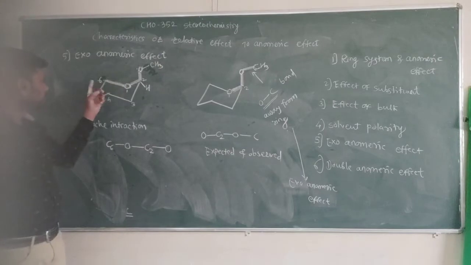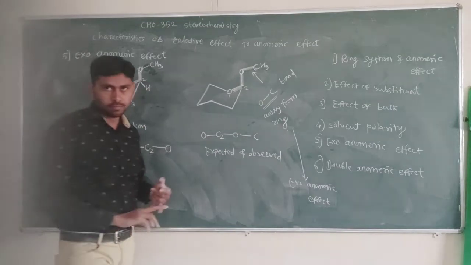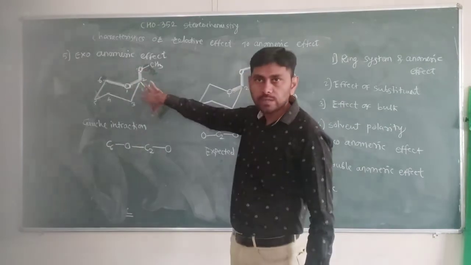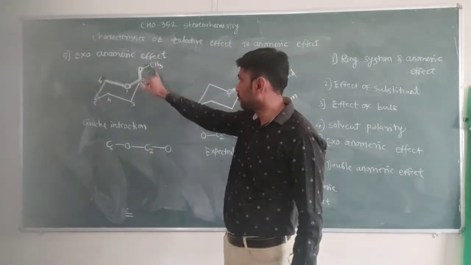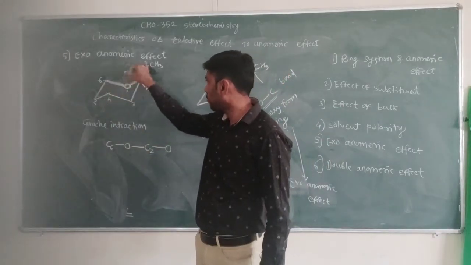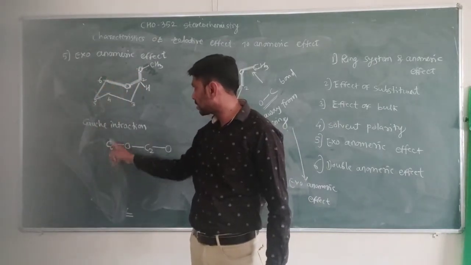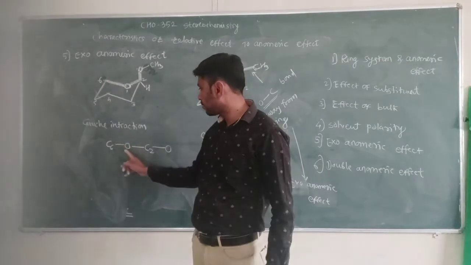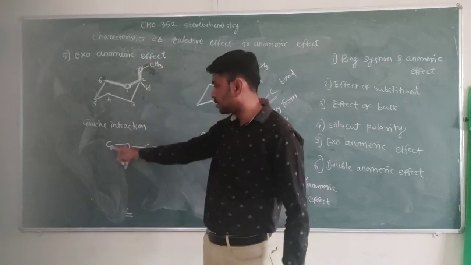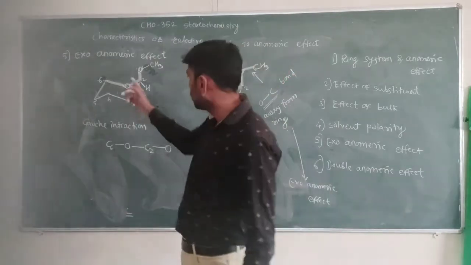In this exo-anomeric effect, if you observe this compound, a methoxy substituted compound at position number 2, and we observe the position of these groups present in this compound, carbon number 6, then oxygen, carbon number 2 and oxygen, C6, O, C2 and O. There is a gauche interaction, butane gauche interaction, 1,4 interactions.